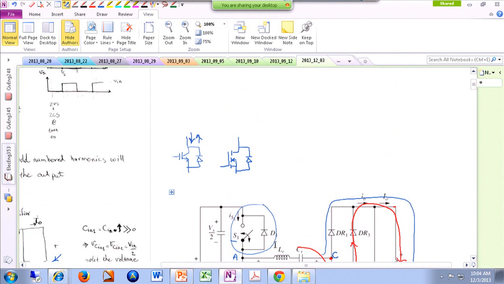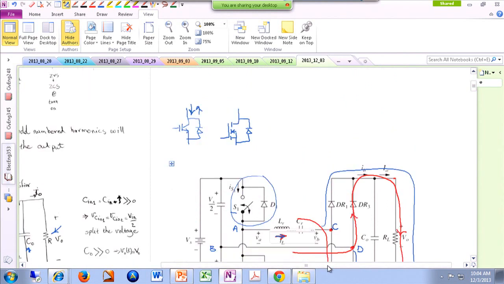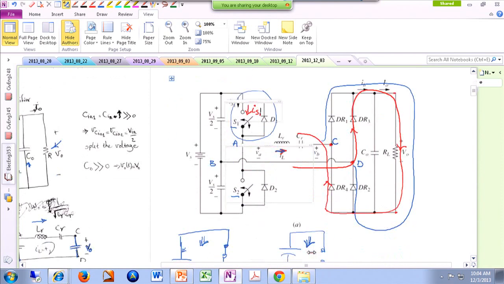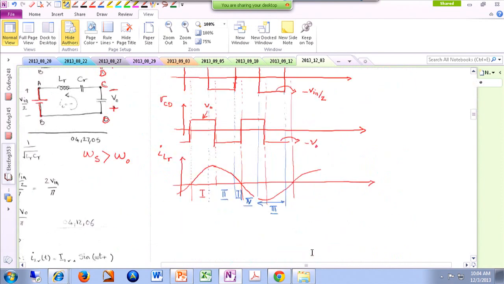So technically, I'm looking at this current over here. I'm not considering the current of the diode in what I'm going to draw. I'm just going to consider the current that is flowing into my transistor, either the IGBT or the power MOSFET.